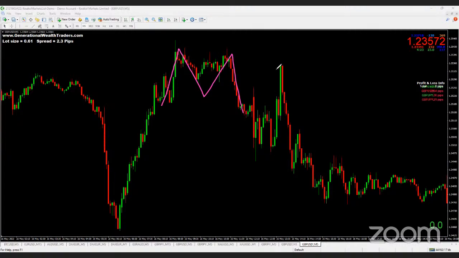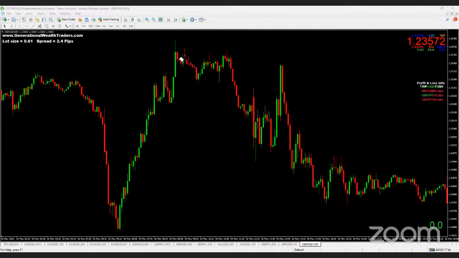Let me erase it. Now, this one danced around a bit. The price was just dancing around. Instead of the price coming up and down, it began to go almost sideways. It didn't come down, kind of like almost going sideways, but going lower and lower each time, if you can see it.